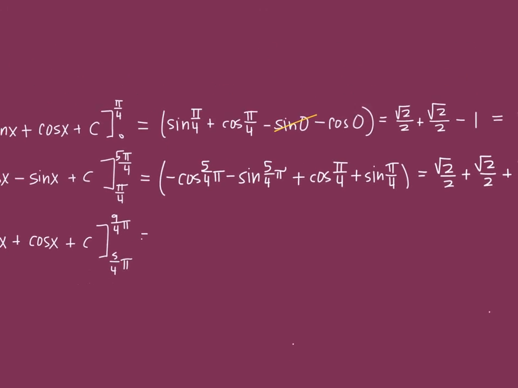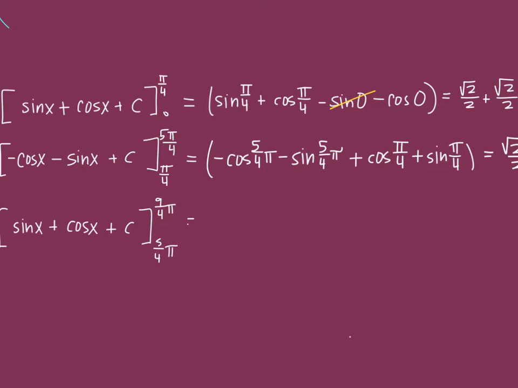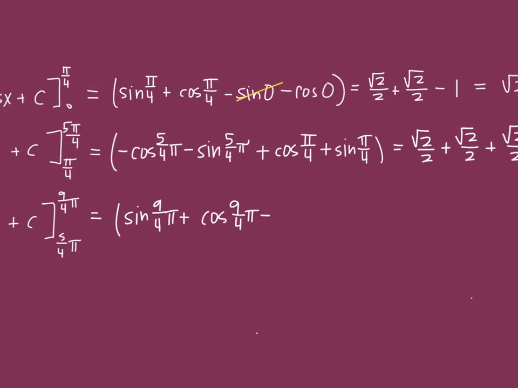And then for the last one, we'll plug in 9/4 and 5/4. So we have the sine of 9/4 plus the cosine of 9/4 minus the sine of 5/4 minus the cosine of 5/4.